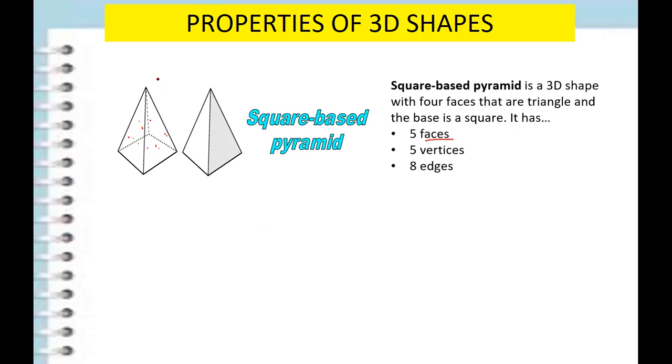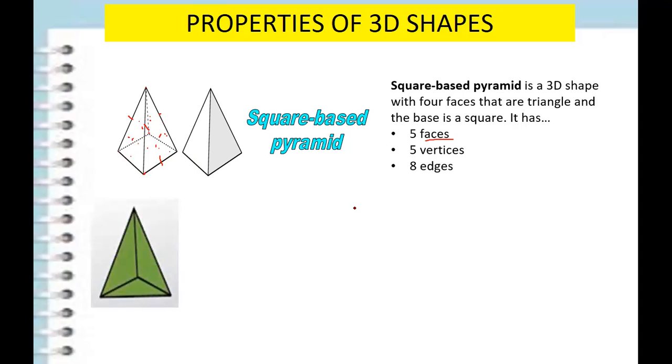Correct. Now vertices 1, 2, 3, 4, and 5. Correct. 8 edges. 1, 2, 3, 4, 5, 6, 7, 8. Okay, that's how you will count.